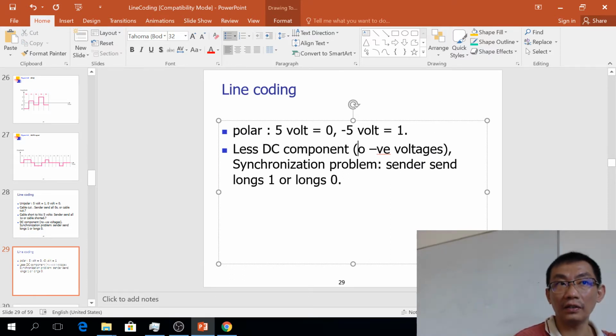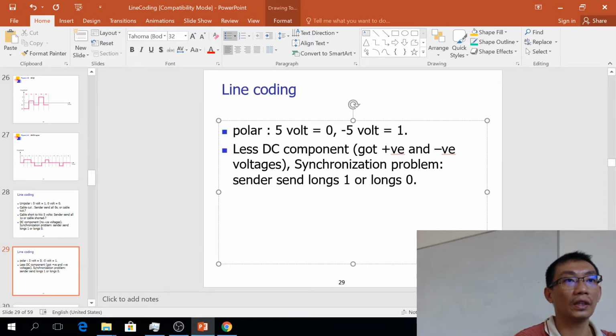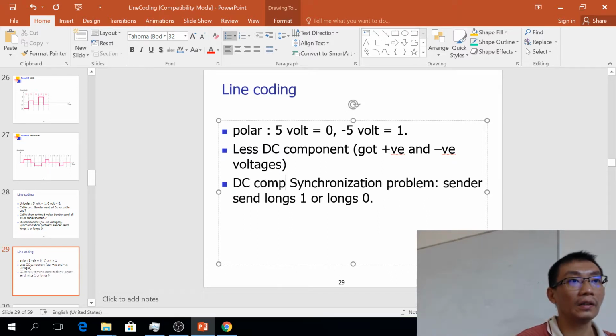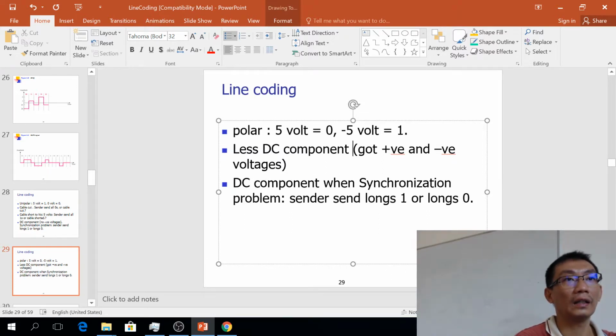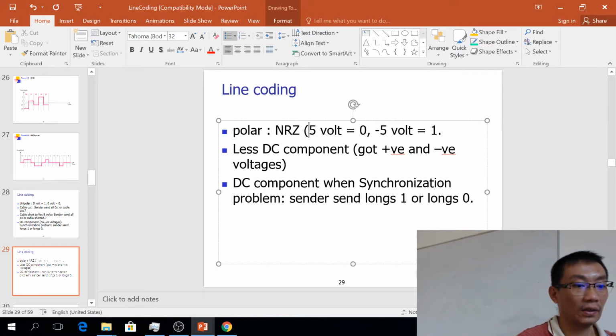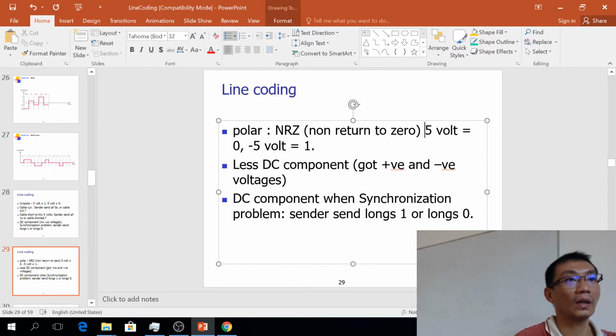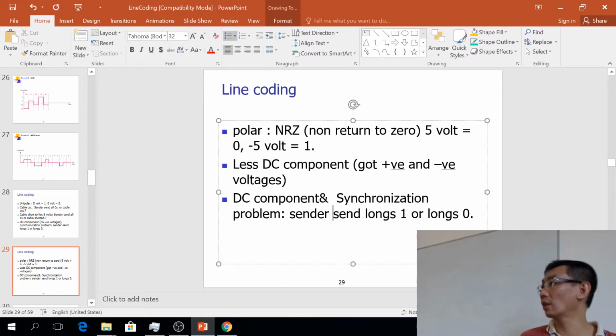You still have a DC component, but less because you have positive and negative voltage. This is non-return to zero, NRZ. So you have a DC component and a synchronization problem when the sender sends long 0s and long 1s, correct?